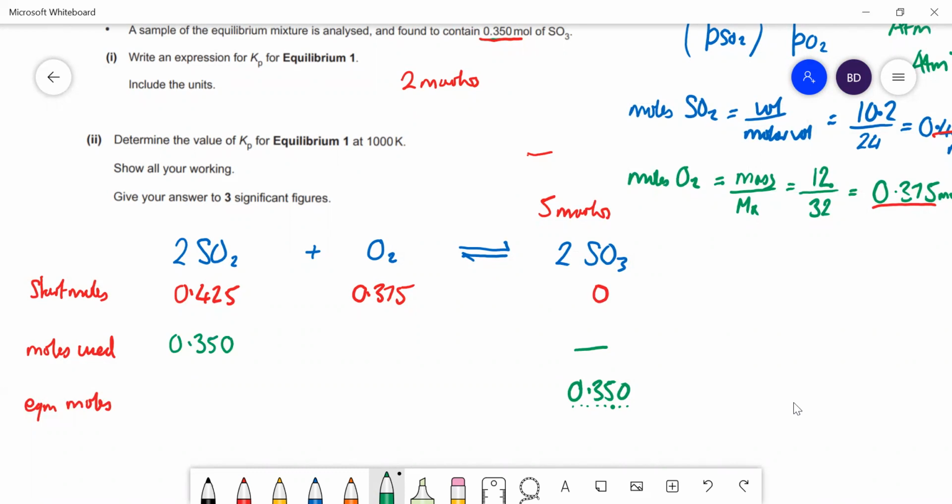And if we've used up that much of SO2, we've used half of that for oxygen. So that's half of that, which is 0.175. Now we need to subtract the used from the start to give us the moles at equilibrium. That gives us 0.075 for that one. This one gives us 0.2 moles of that, and we know how many moles of that one we've got.